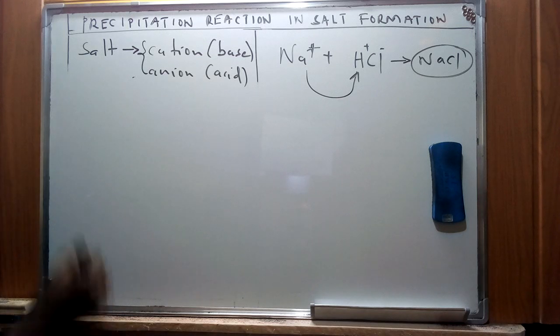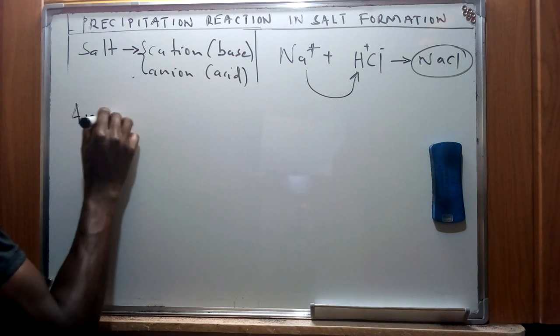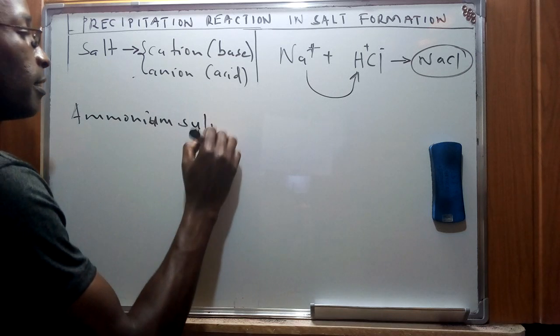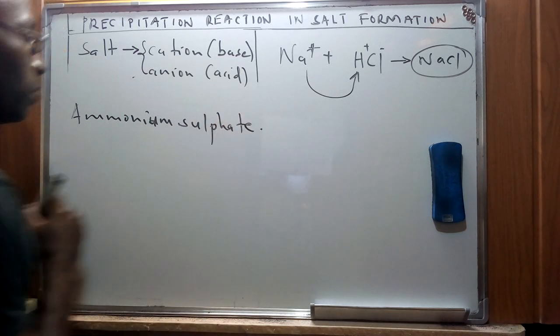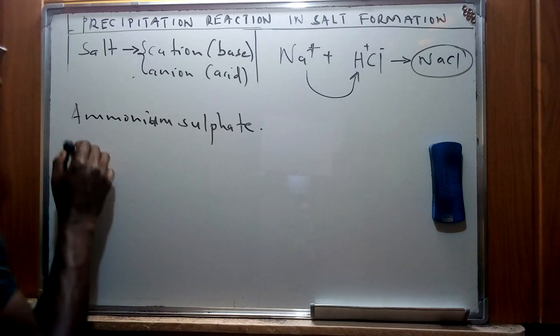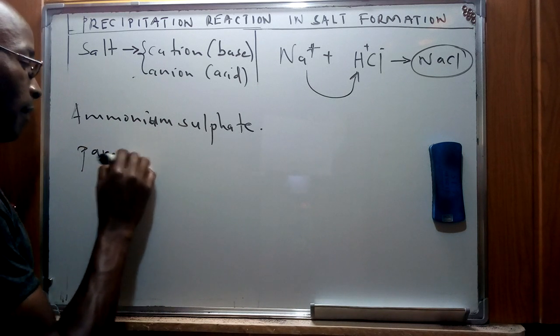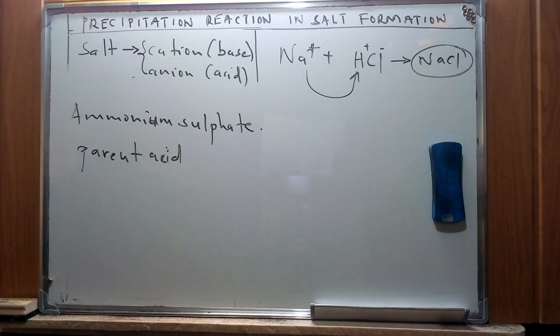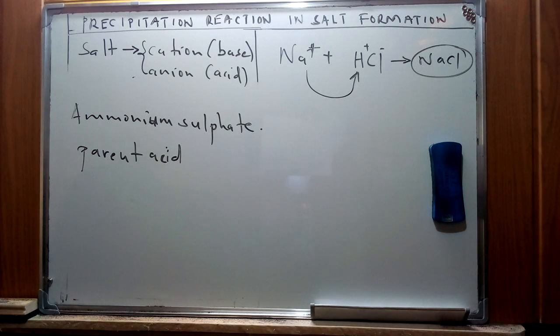Now, for instance, if we want to form a salt of ammonium sulfate, this is with a combination of a parent acid together with a base that consists of a positively charged ammonium ion that is going to form a sulfate.